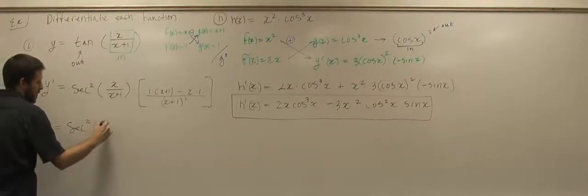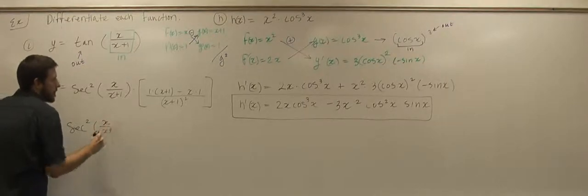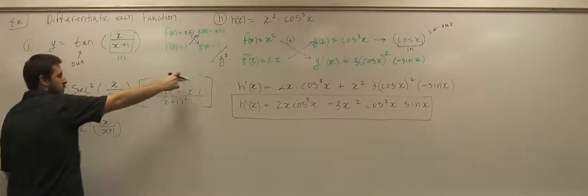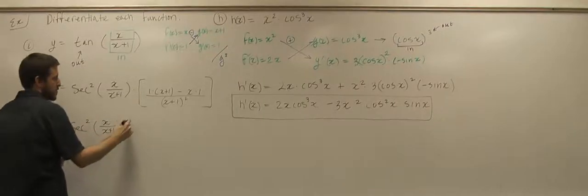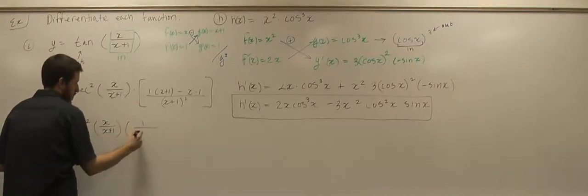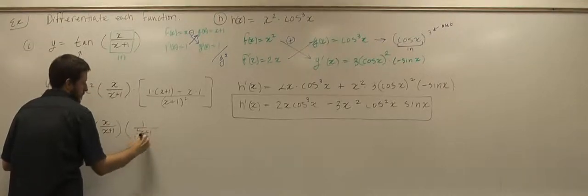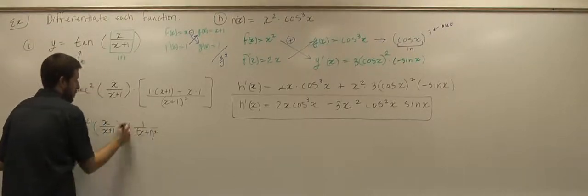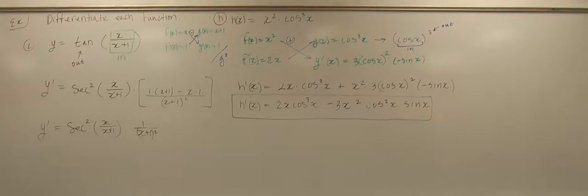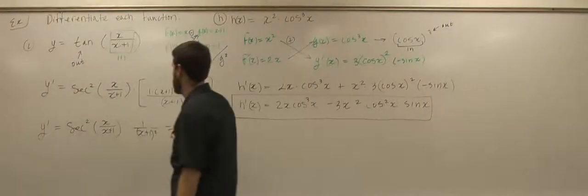It probably cleans up a little bit, though. This is an x plus 1 minus x, so it'll just be 1 on top, divided by x plus 1 squared. If you wanted to, that's fine.